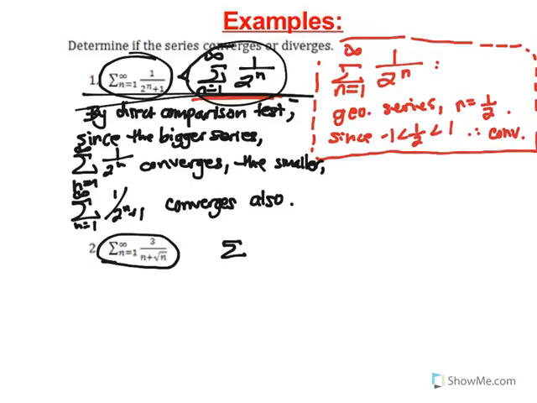I'm going to do the same thing here. Once again, we could choose the wrong thing, and then we wouldn't be able to make any conclusion by direct comparison test. So some of it's trial and error, seeing if you can pick the right one. But just because I'm doing examples, let me show you.